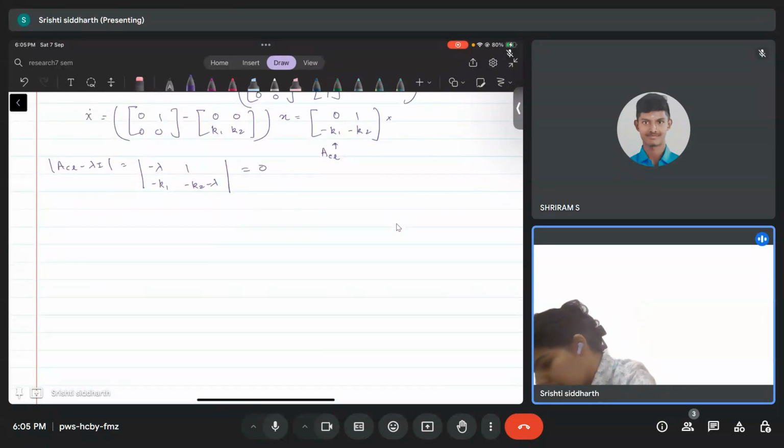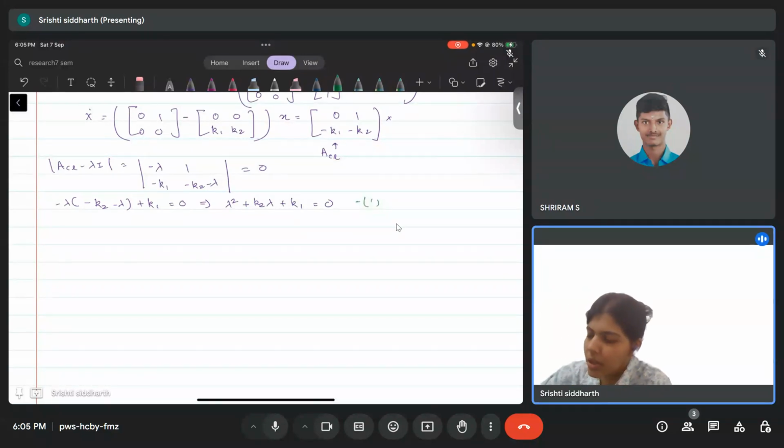Alright, so let's expand this now. Minus lambda times (minus K2 minus lambda), plus K1 equals 0. This implies lambda square plus K2 lambda plus K1 equals 0. So we have this equation in terms of the gains.